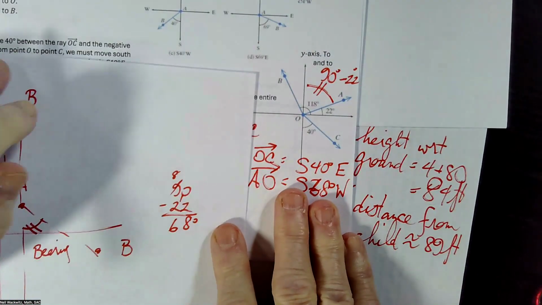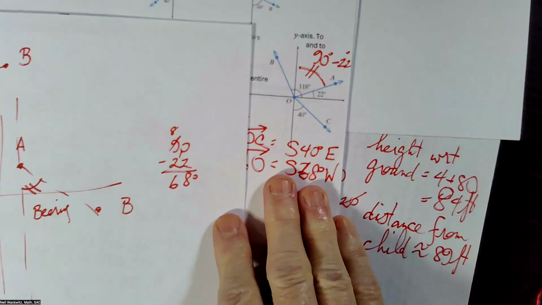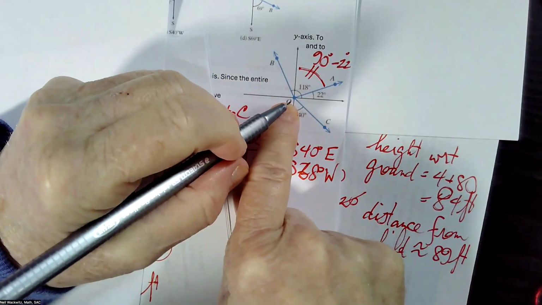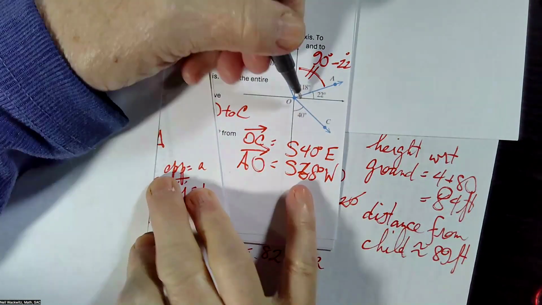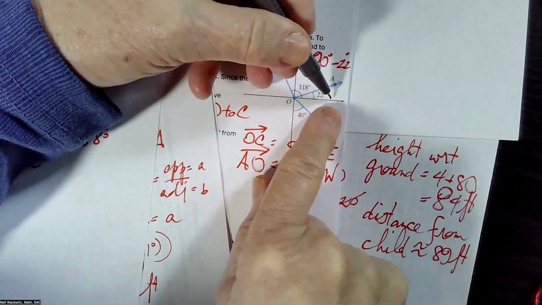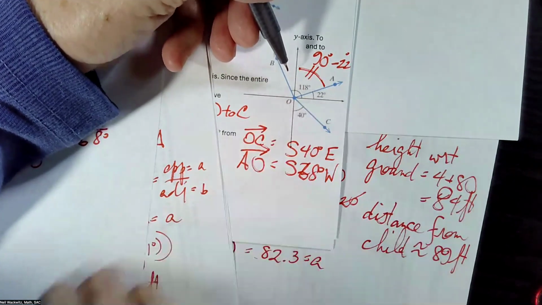And finally, we want to go from the origin to B. They tell us that the angle from the horizontal to B is 118 degrees.